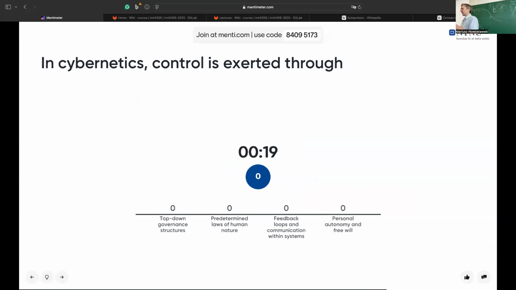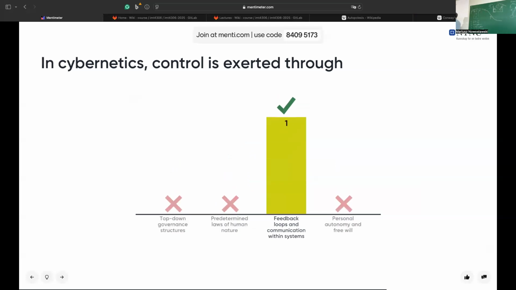Of course, this one. So we are simplifying complex systems and complex social systems into system theory and control theory. We talk about communication and feedback loops, and we maintain control over the system through that, right?